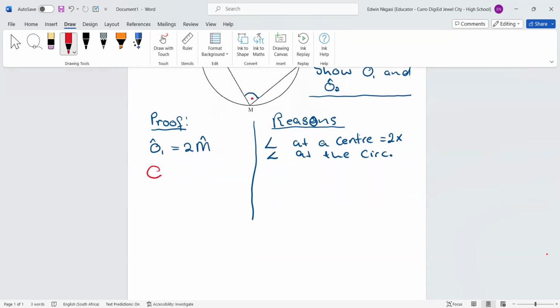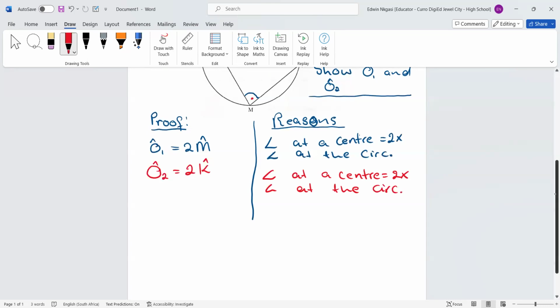We're going to say O2 equals 2 times K. Again, it's the same reason: angle at the center is twice angle at the circumference.